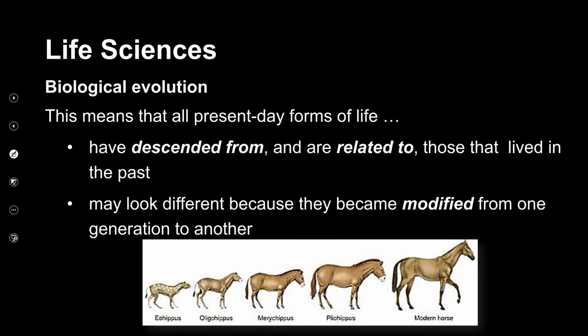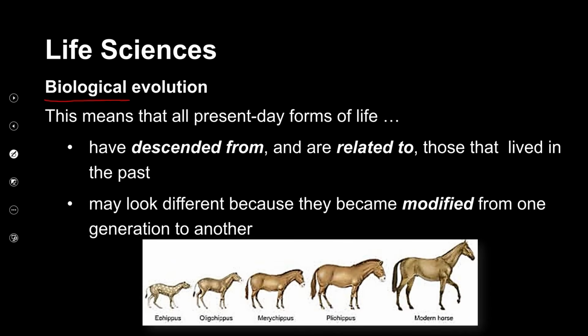We're going to have a look at what we now call biological evidence. As I said earlier, bio means living, so we're looking at the evolution of living organisms. If we have a look at the diagram here, this again is a good example. We see evidence of how the modern day horse that we know has evolved.